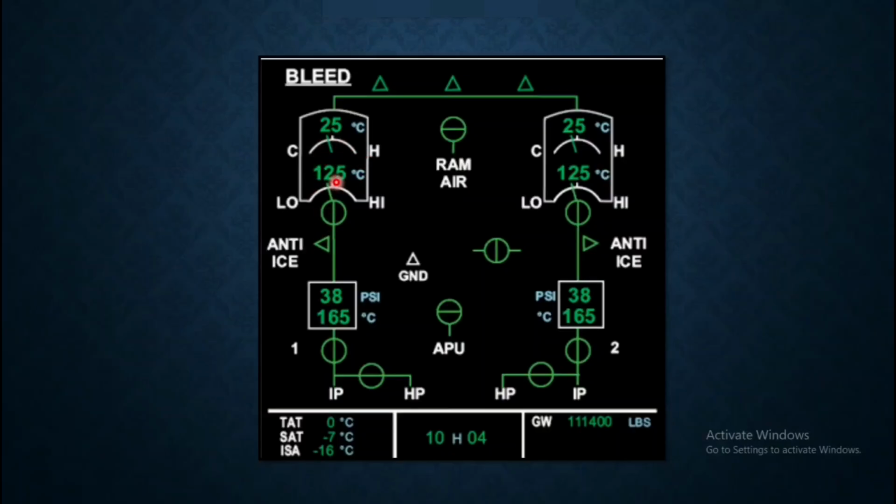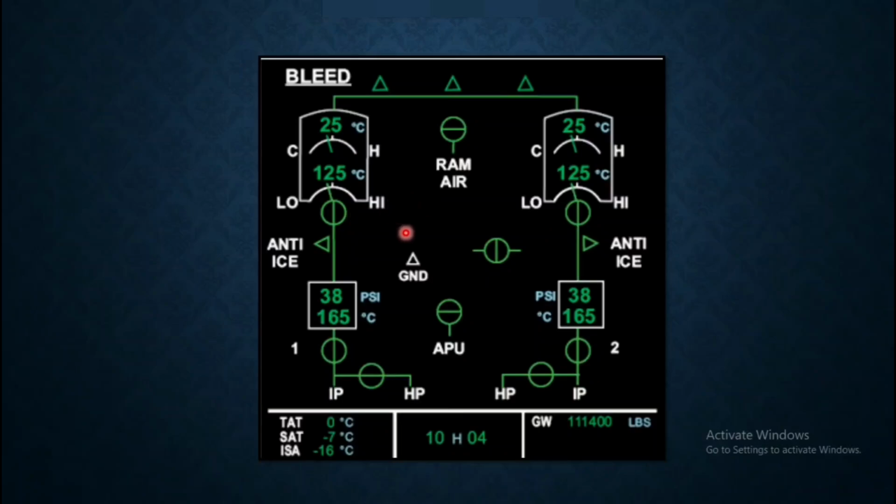And third one is your pack flow control valve. So pack flow, normally it will be green, and this will become amber if pack flow control valve is closed or disagrees with the position, then you will get amber light. So there are so many conditions about the valve not closed. If valve is not closed, and disagrees with control position, you will get amber color.